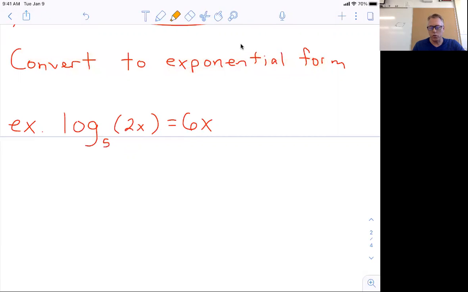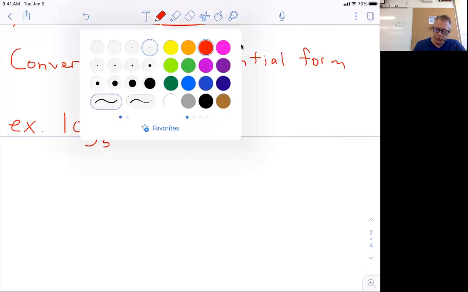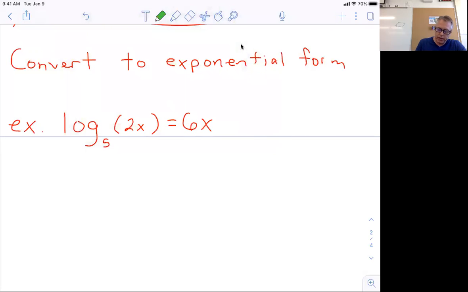All right, here's what we need to do. If we want to change something that's in log form, I need to undo the log. I need to find the inverse of log base 5. And the inverse of that is taking 5 to the power of that.